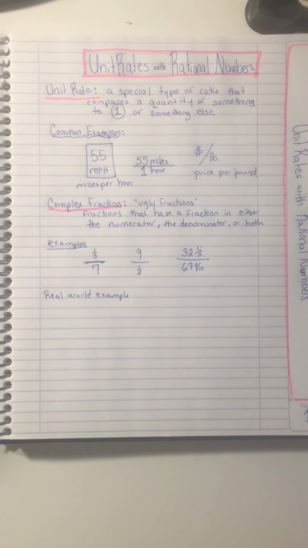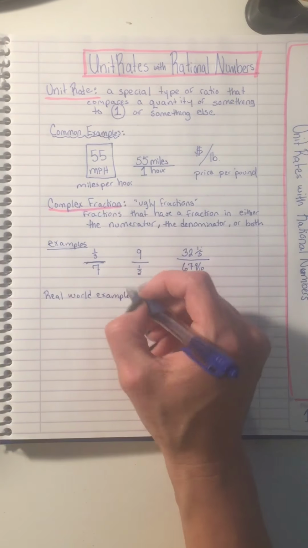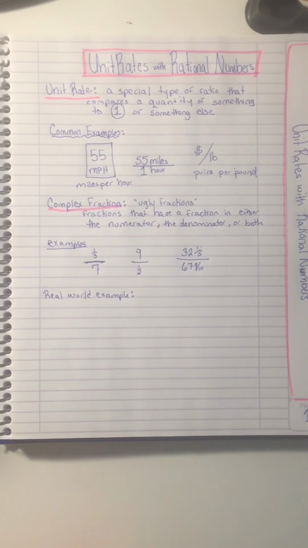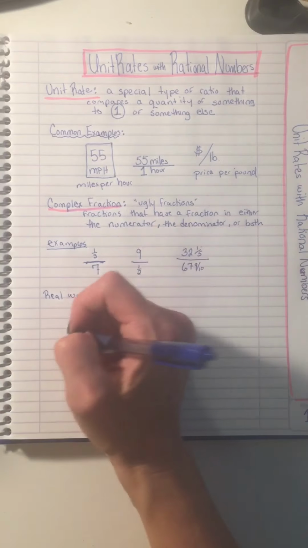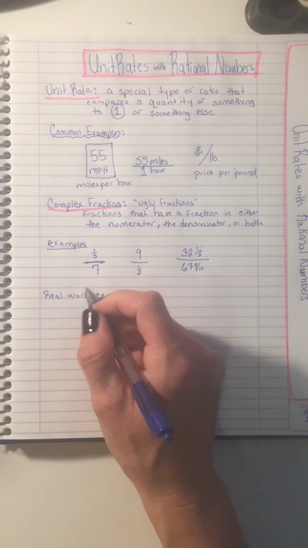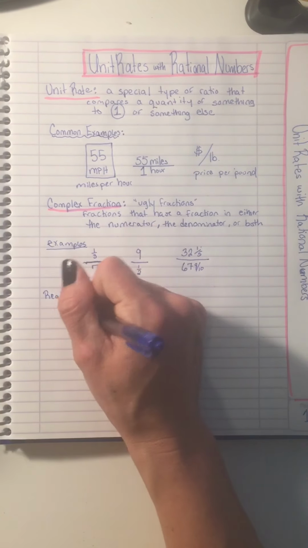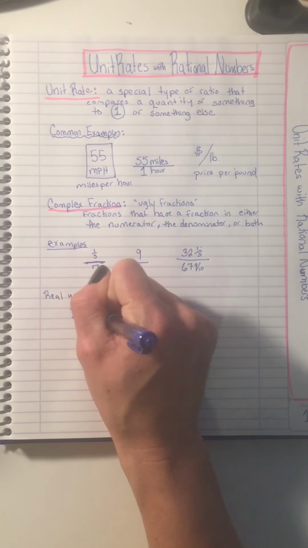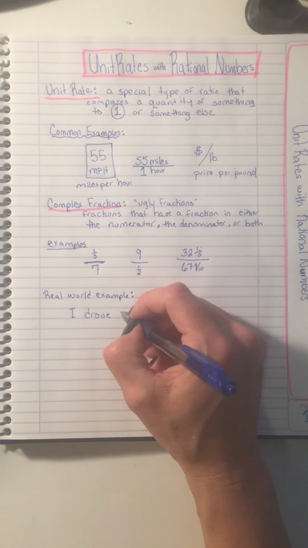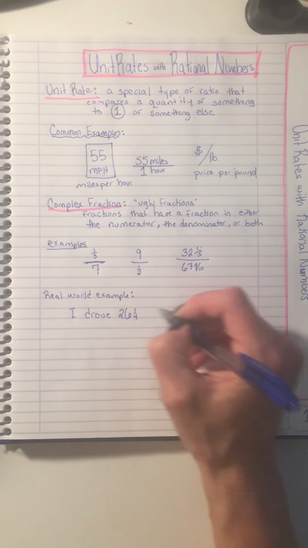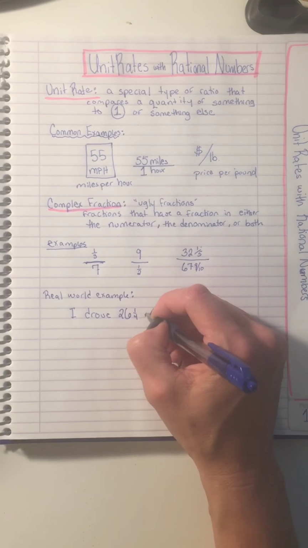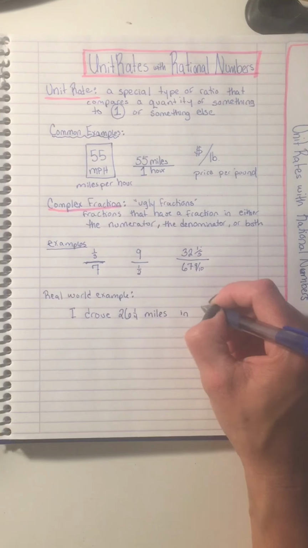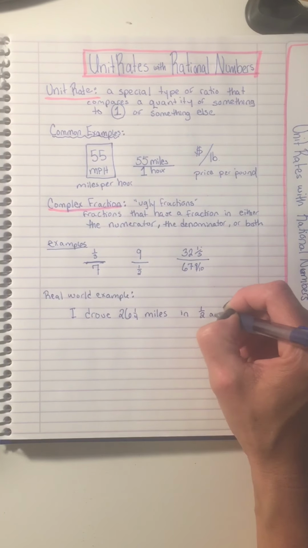So let's say I am driving in my car and I'm watching how many miles I go, and it says that I drove 26 1/4 miles, and I went that far in half an hour.